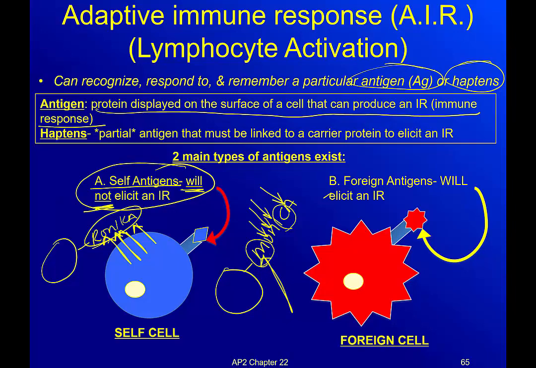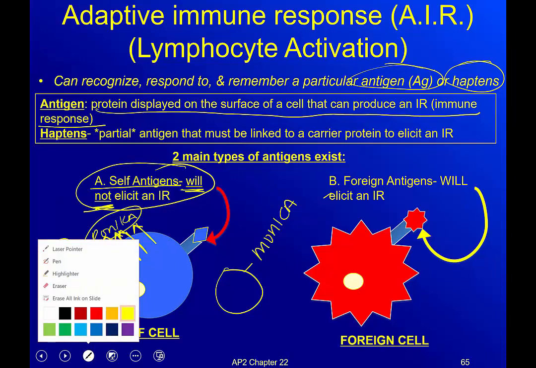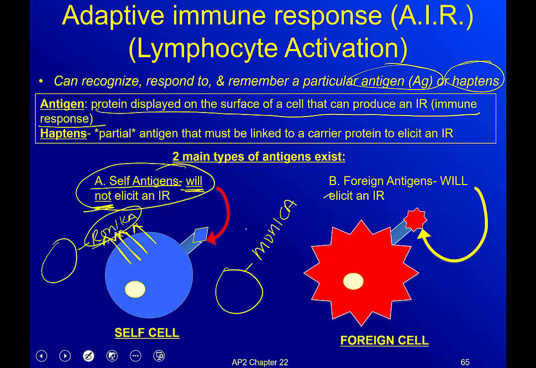My body sees that C and goes, that's not normal. That doesn't look like my normal self-antigen. My normal self-antigen has an R and it has a K. This doesn't make sense. So when it decides that there's something wrong with this and it decides to attack this, it actually understands that this and this are wrong.